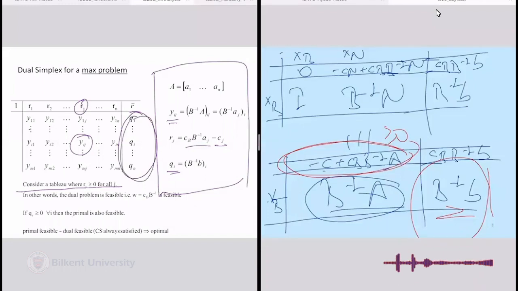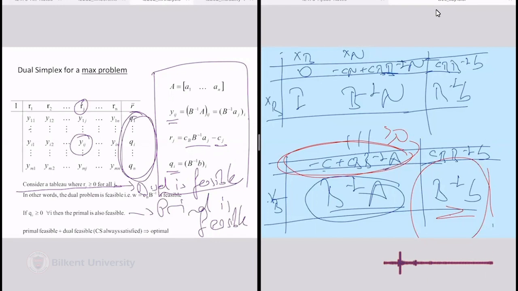But if this is also non-negative, that means from RJ, dual is feasible. If all right-hand side is non-negative, that means primal is feasible. And I told you in a simplex table with CB B inverse, complementary slackness is always satisfied.